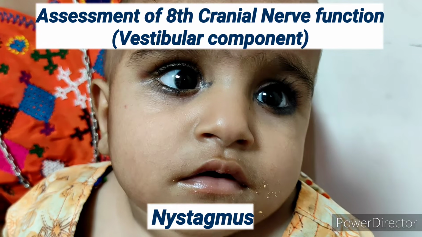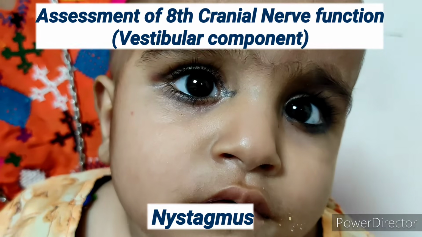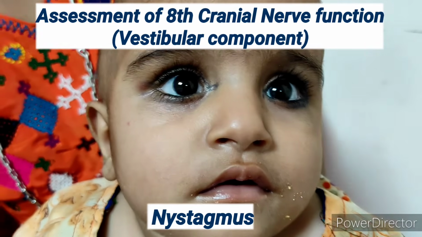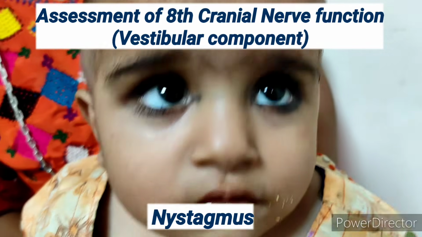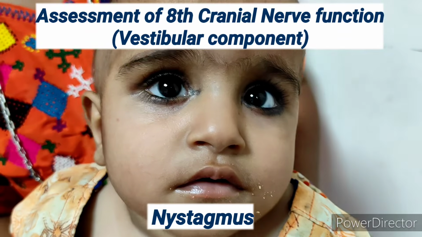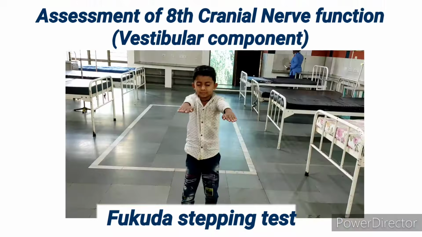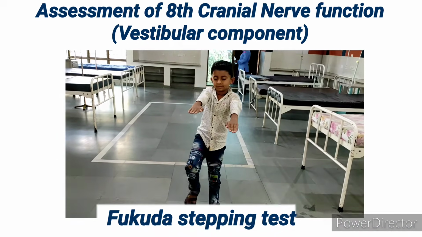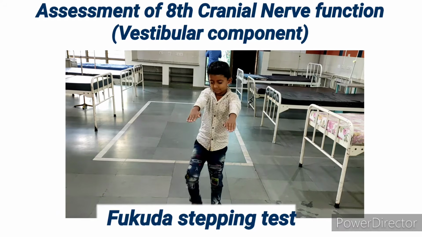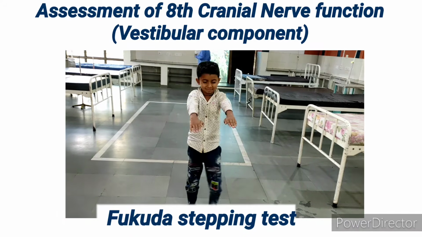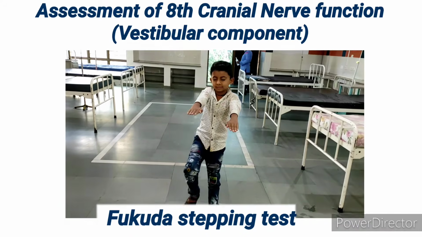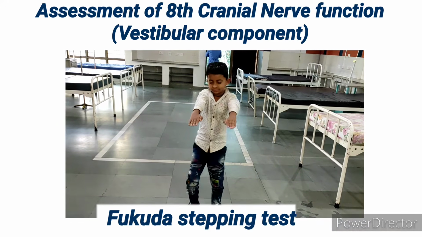Whenever vestibular nerve dysfunction is there, the child will have nystagmus, in which the fast component is directed away from the affected nerve. If the child has vertigo, then we will perform the Fukuda stepping test. We will tell the child to stand, extend both arms, and close the eyes.